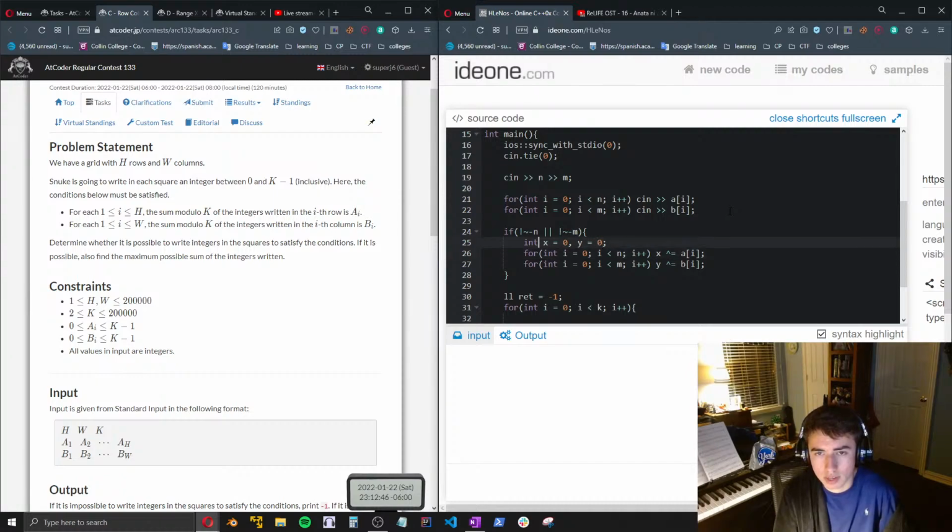Alright, let's see. So we need to make sure the XOR is all 0. Y equals it's not equal to 1 times I, times B of I. Ignore my weird notation for testing if it's equal to 1.